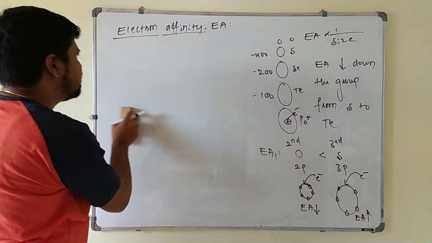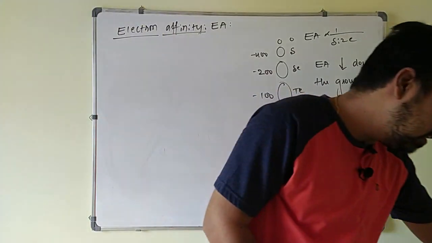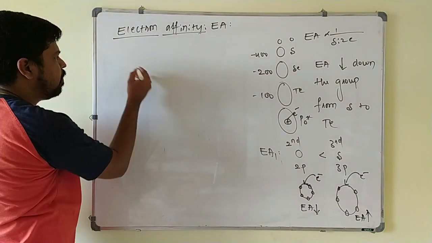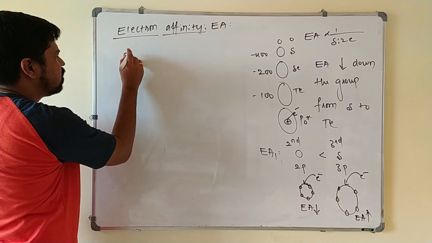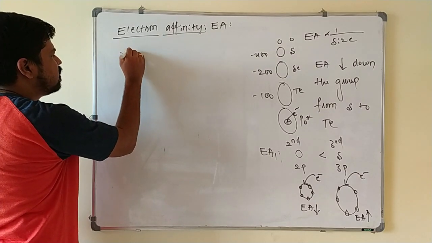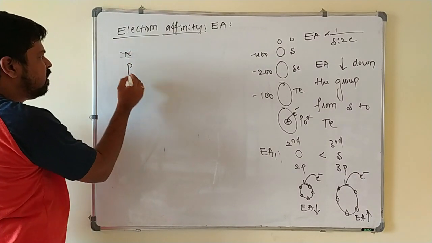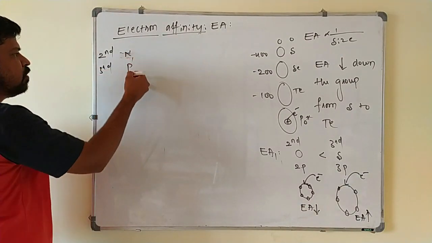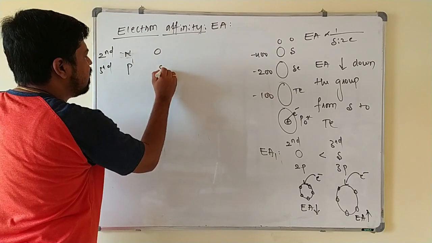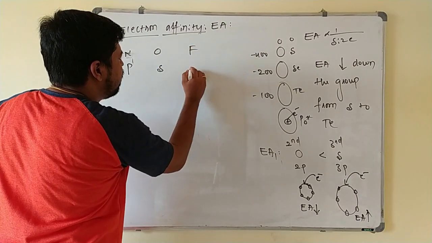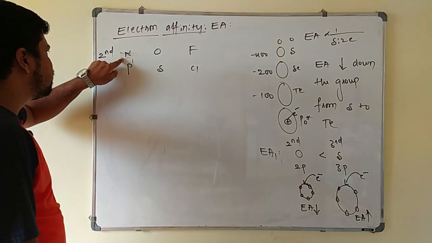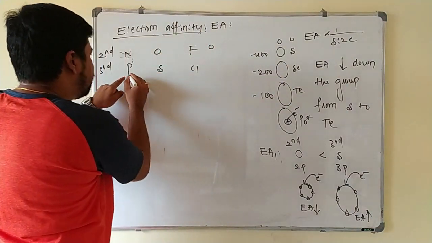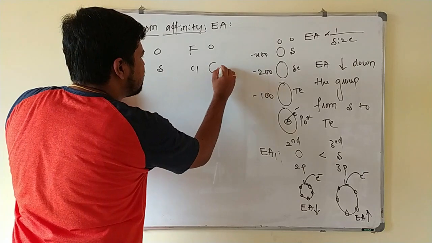Not only in case of group 16, you can go for groups 15, 16 and 17 also. See here, I will write the common variation. In group 15, this is the second period element and this will be the third period element: nitrogen and phosphorus, oxygen and sulfur, and in group 17, fluorine and chlorine. Nitrogen, oxygen and fluorine have small size, and phosphorus, sulfur and chlorine have large size.